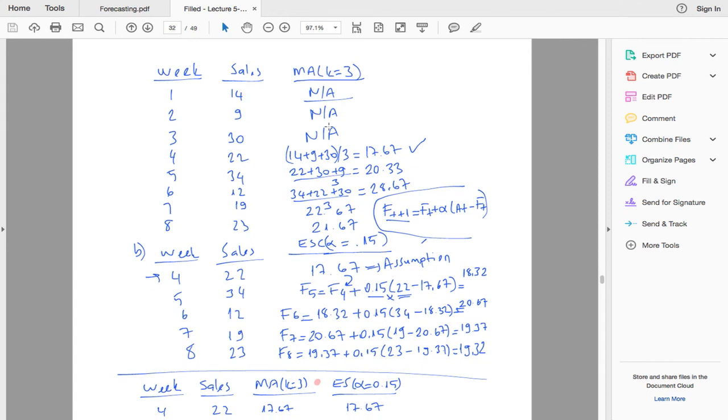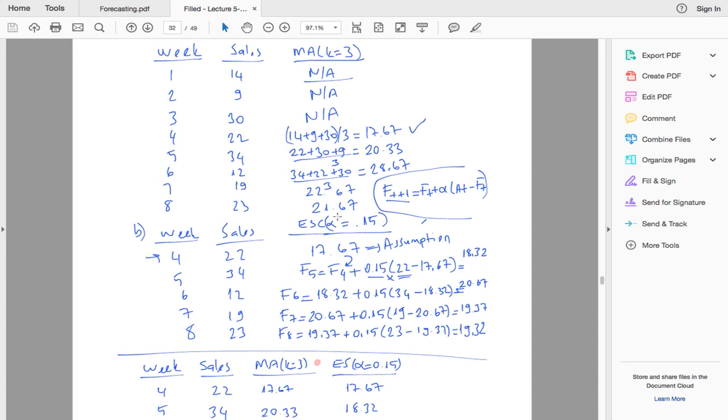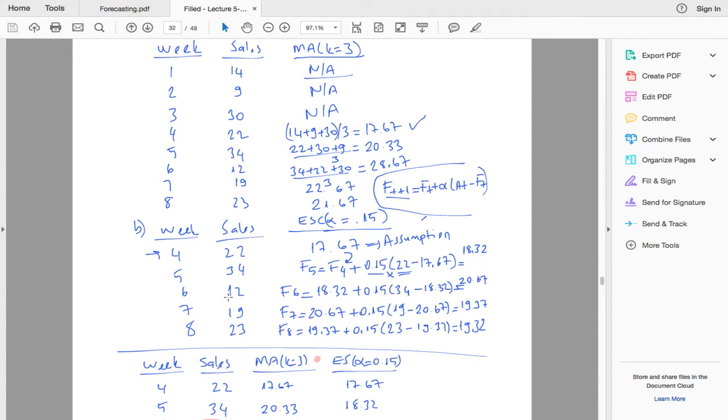By using moving averages with k equal to 3, if I'm at the end of week 6, it means that I had this value already observed, and I had to update this forecast accordingly. So my forecast at the end of week 6 is updated, which is 22.67. And similarly for exponential smoothing, at the end of week 6, I had this value available, and my forecast for week 7 is equal to 19.37.